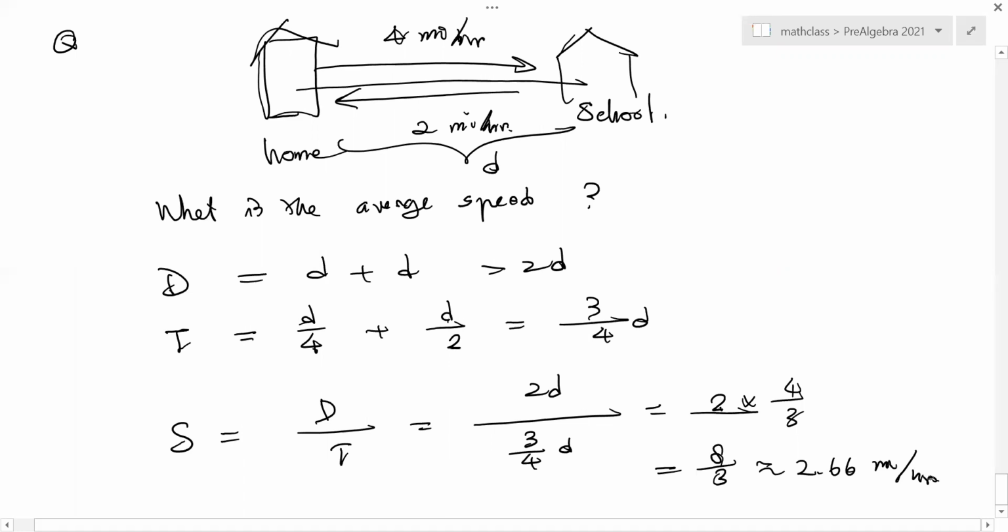You will see that d cancels out, so you're given enough information to figure it out. The common mistake is just finding the average value of two speeds. That's not the formula we use to find average speed. Average speed must be the total distance traveled divided by time. Okay, got it?